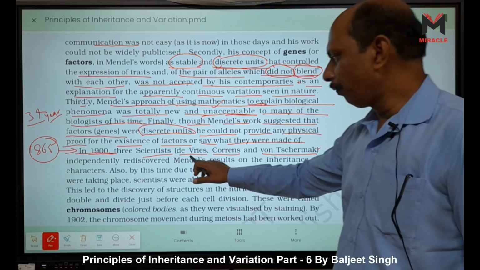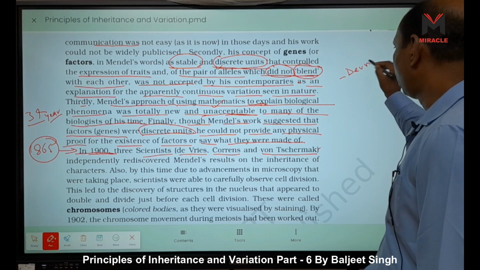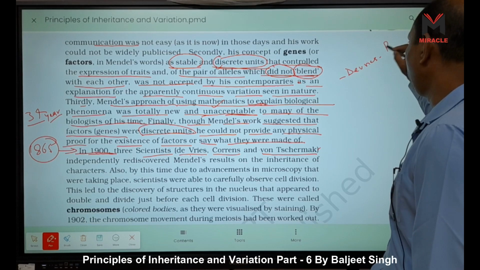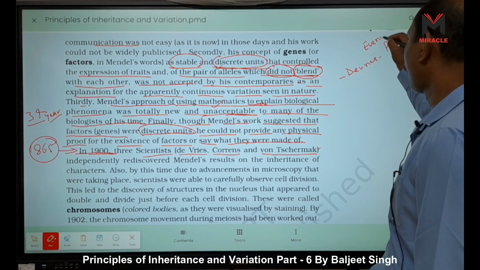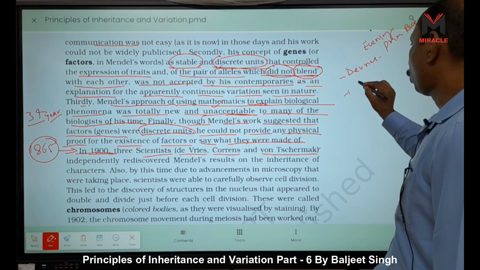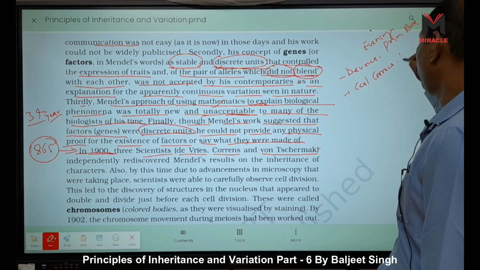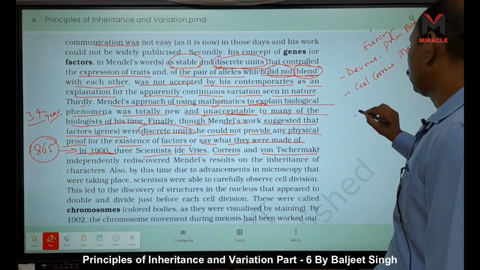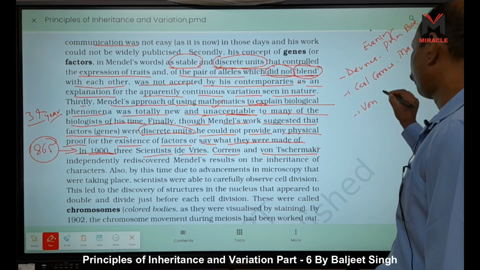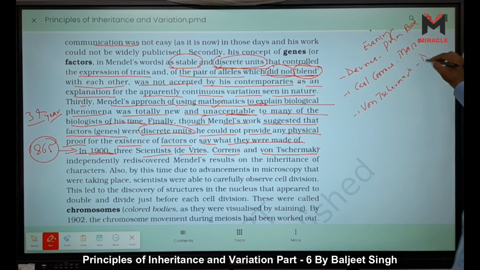So de Vries worked on evening primrose, second is Correns, who worked on maize, and third is von Tschermak, who worked on different plants, right?